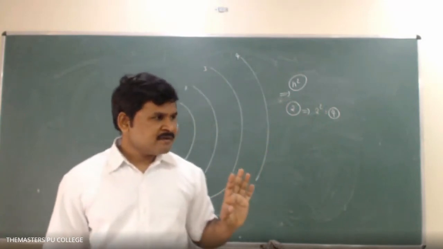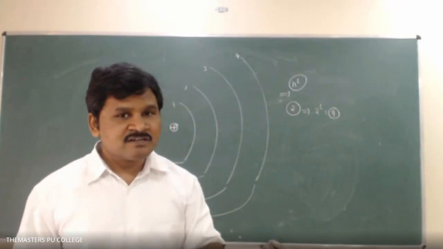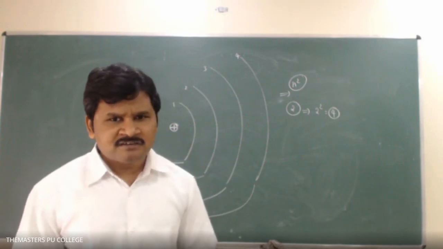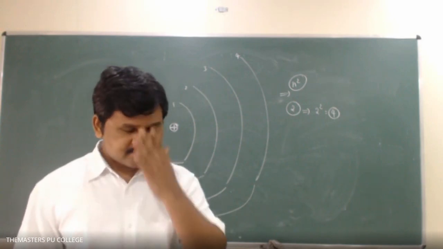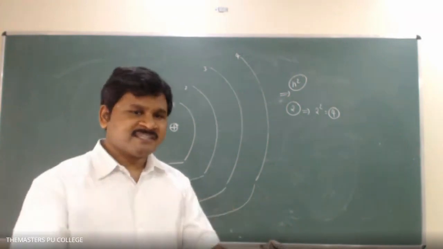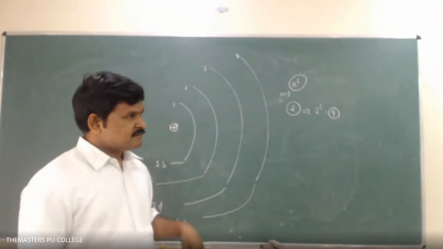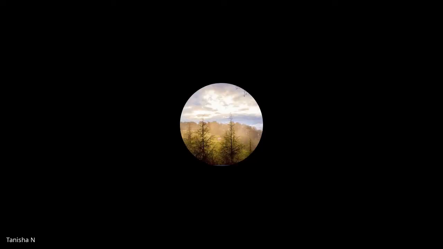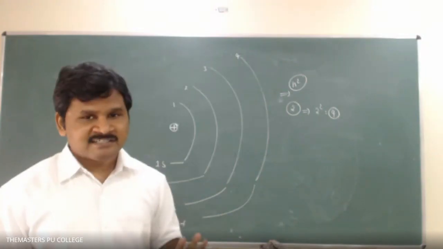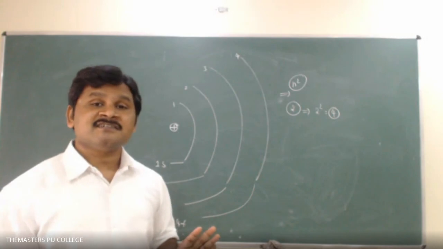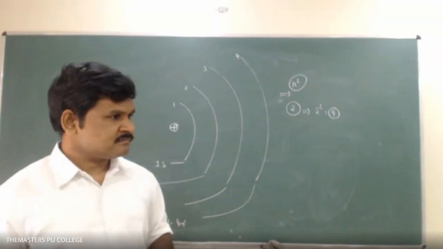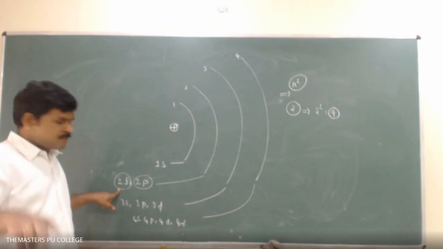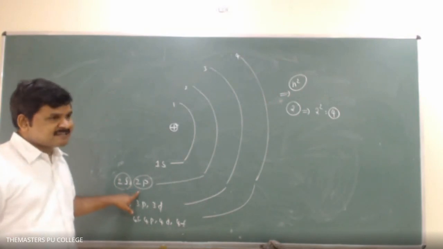Number of shells is equal to n. Number of subshells is n. Number of orbitals is n square. Number of electrons is 2n square. S orbital occupies 2 electrons and P orbital occupies 6 electrons.